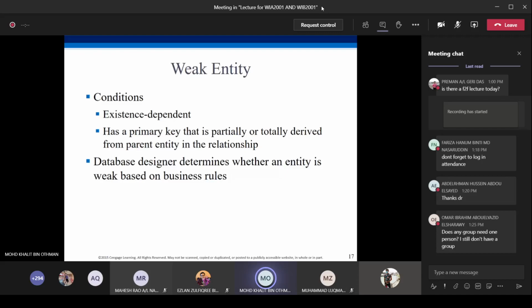And the second condition is the entity must have a primary key that is partially or totally derived from the parent entity in the relationship. For the weak entity, the database designer will determine whether an entity is weak or not based on a business rule. Okay, this is a condition of weak entity in the particular relationship.